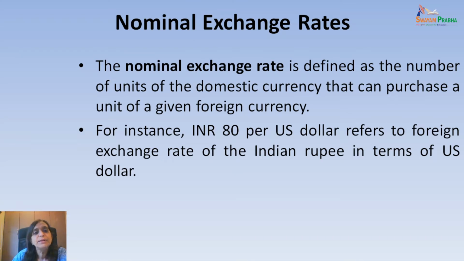This example will help you understand this definition further. For instance, we are saying INR, that is Indian National Rupees, is 80 rupees per US dollar. If you get a quote like this, INR 80 per US dollar.